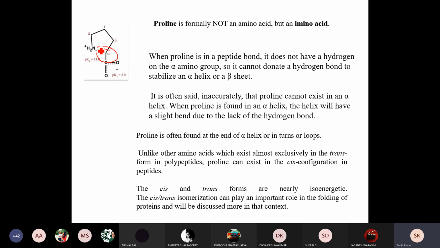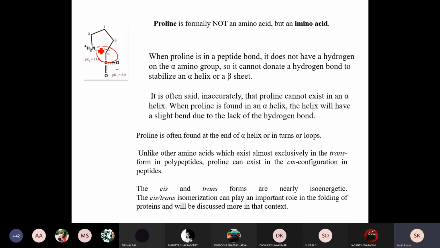These things are just for your concept: it does not have a hydrogen on the alpha amino group, so it cannot donate a hydrogen bond to stabilize an alpha helix or beta sheet. Have you heard about the 3.6 turn, the 3-10 helix, alpha helix, beta sheet?